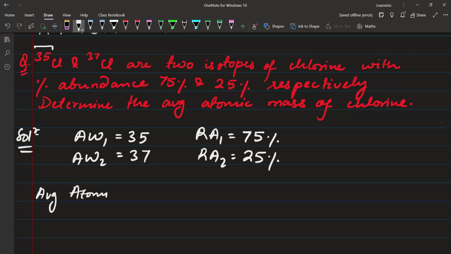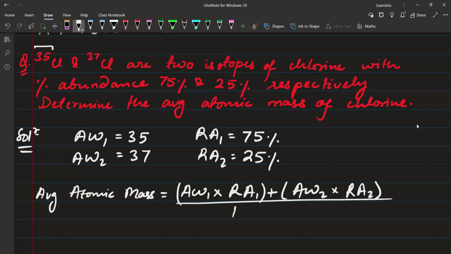Average atomic mass is equal to AW1 into RA1 plus AW2 into RA2 divided by RA1 plus RA2.